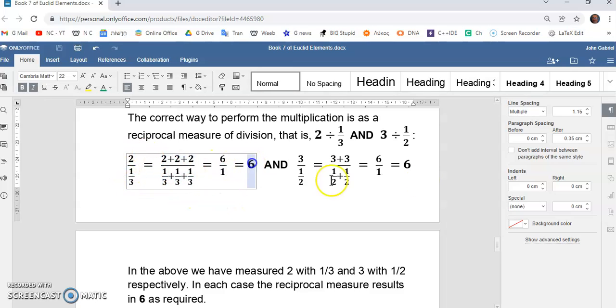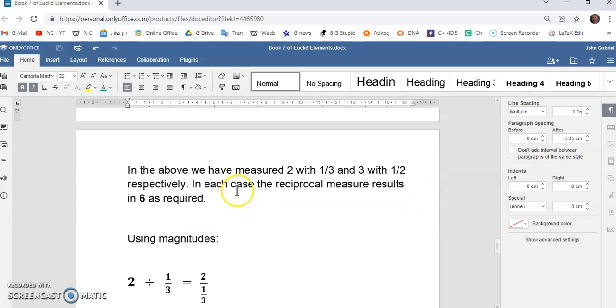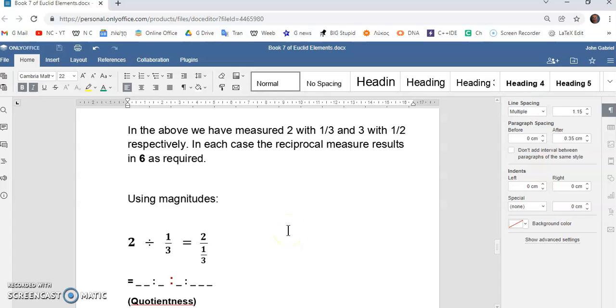And you'd have the same answer in both cases, okay? So this is the one way, and this is the other way, which must both be true. And that's why you can't really have 0 as a number, because one of these, actually both of them, wouldn't work if 0 was anywhere in these numbers. So in the above, we have measured 2 with a third and 3 with a half respectively. In each case, the reciprocal measures result in 6 as required.